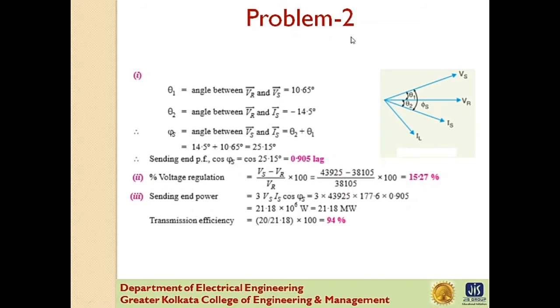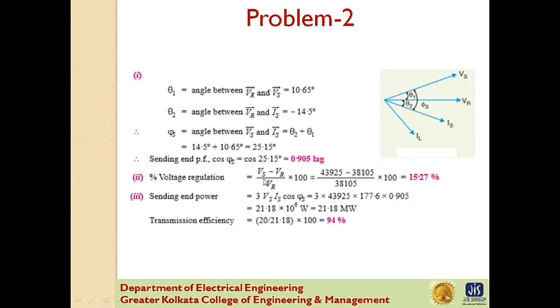Phi s, the angle between Vs and Is, is theta 1 plus theta 2. Now put the value of theta 2, that is 14.5 degree. Here we neglect the minus term because this is just for the direction. Theta 1 is 10.65 degree. So total phi s is 25.15 degree. So cos phi s equals 0.905 lagging. This is the sending end power factor.